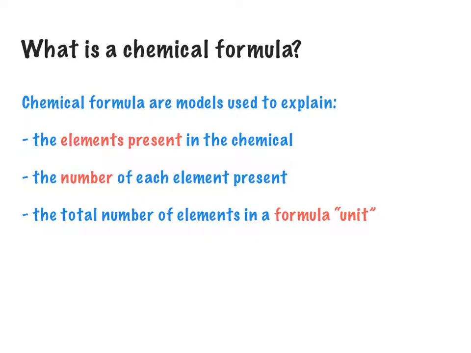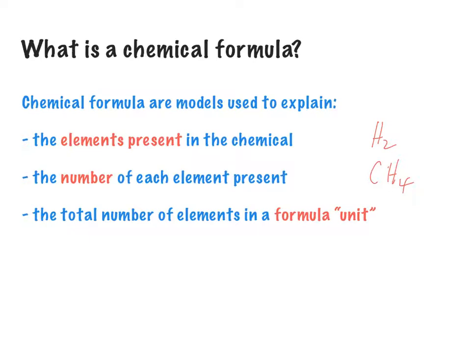Now don't forget, when we are dealing with a compound, we call it a formula. When we are dealing with a single element, we call it a symbol. So things like H2 is a symbol, but CH4 is a compound, and so that's a formula.